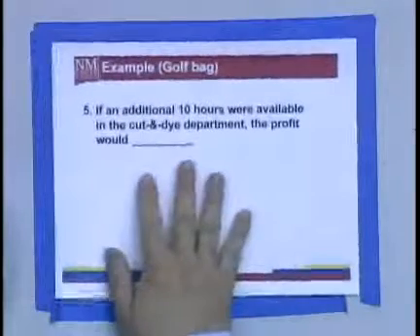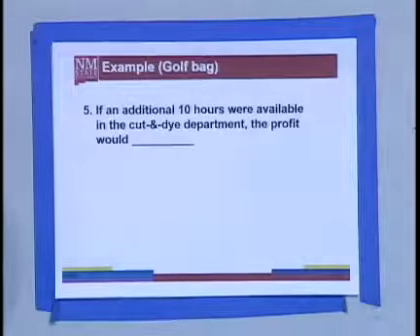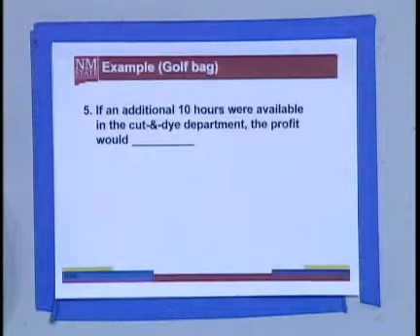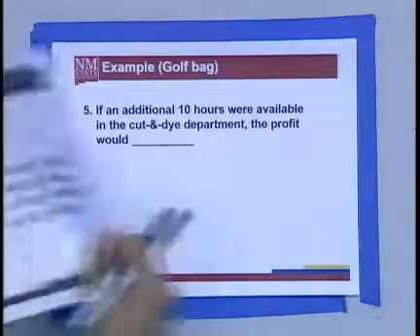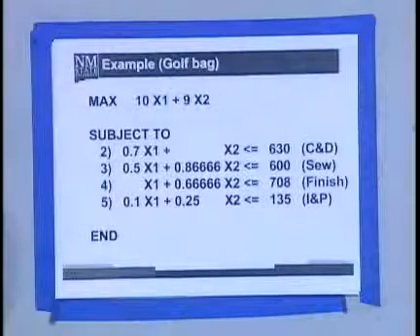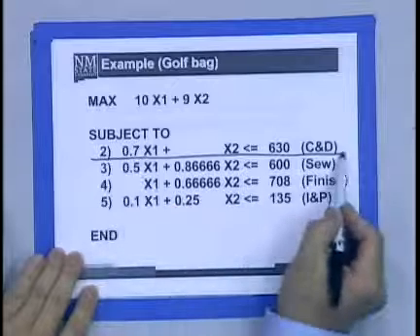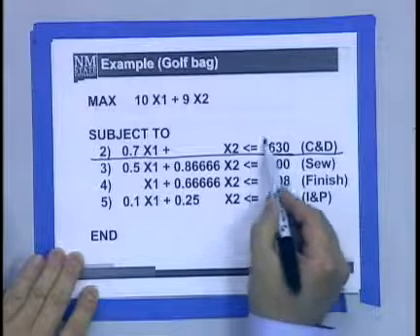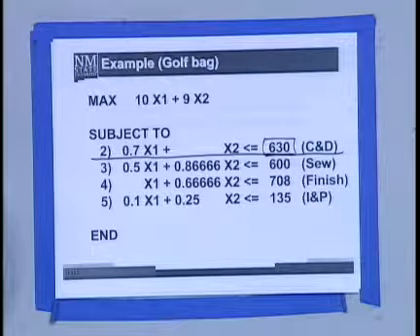What about number 5? If an additional 10 hours were available in the cut and die department this time, what happens to the objective function value? Row number 2 represents the time constraint for the cut and die department, right? And originally, 630 hours are available for the cut and die department.